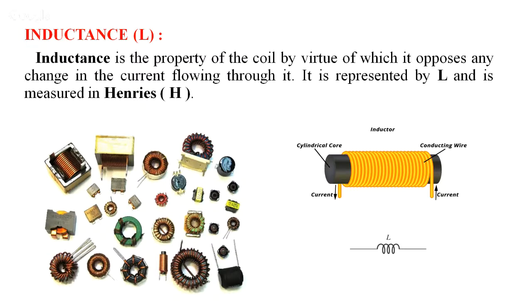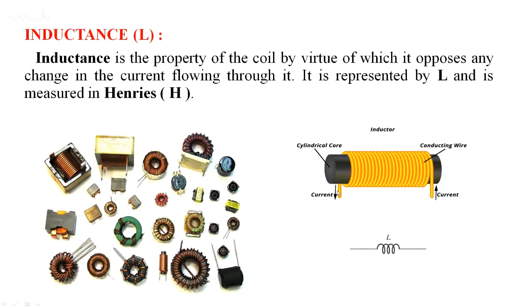Next, we have to understand what is inductance. Inductance is the property of the coil by virtue of which it opposes any change in the current flowing through it. It is represented by L and is measured in henries.